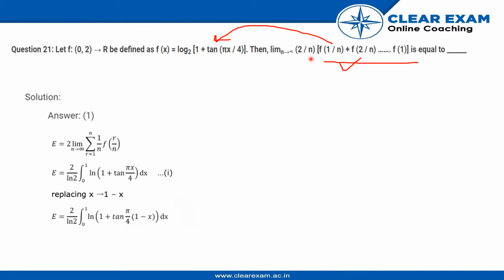We have 2 by n in it, but 2 is a constant, so we don't write it in the summation, we take it outside. We keep 1 by n as it is, and we have f of r by n, where r gets incremented by 1 each time. So this is the simplification of this summation, correct?